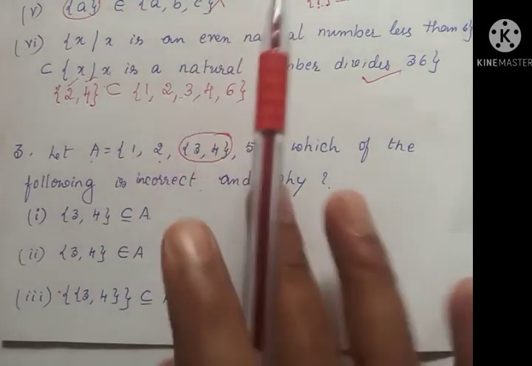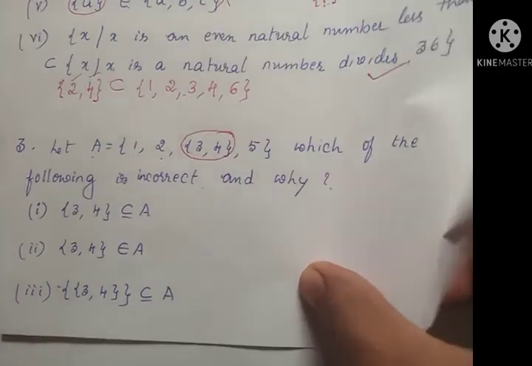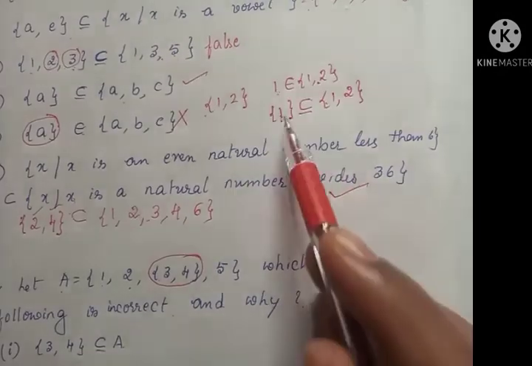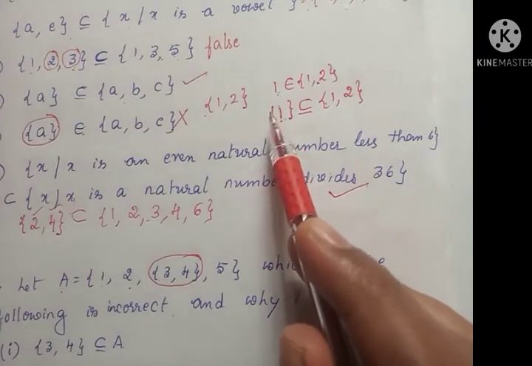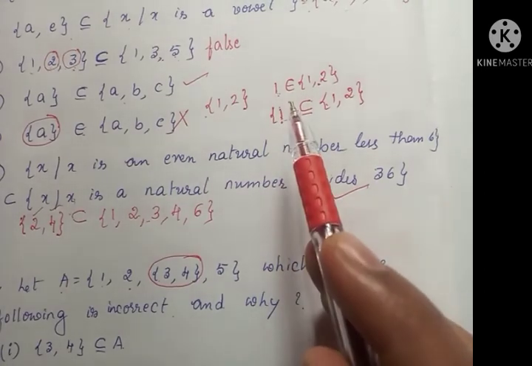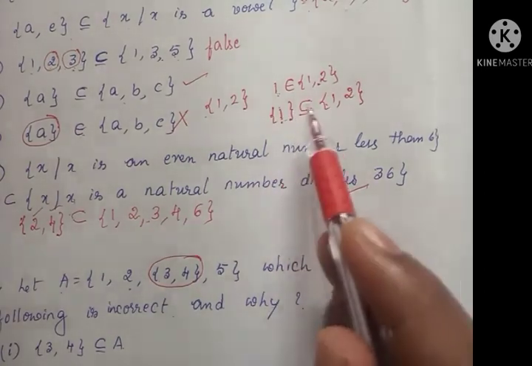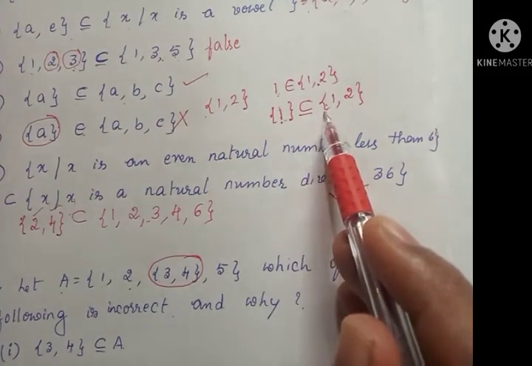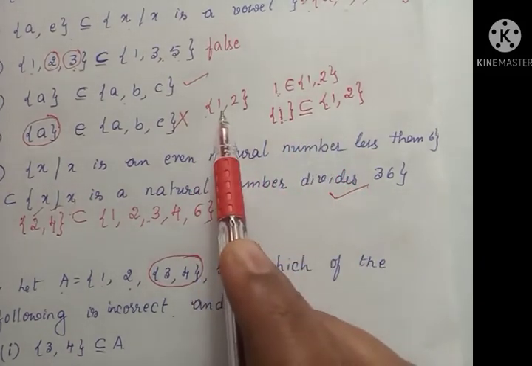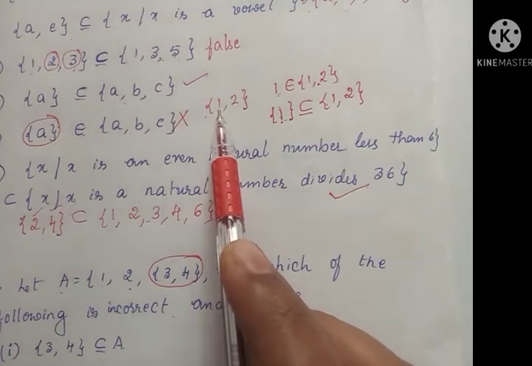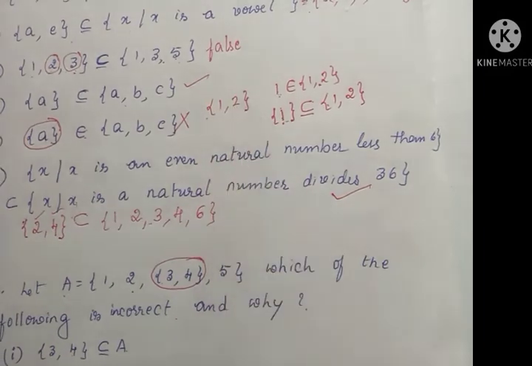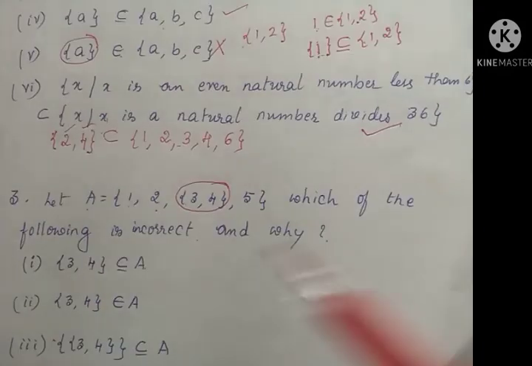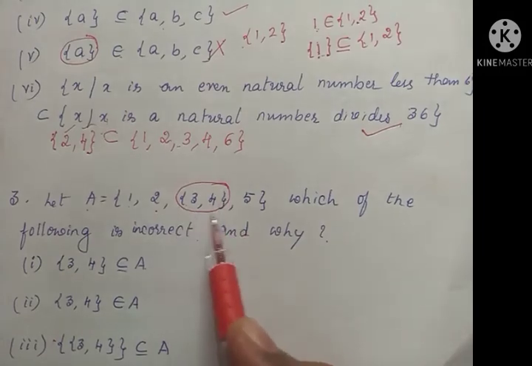In the previous example I told that if you write an element within the flower bracket, that denotes a set, so we say subset. But here, I have taken the set as the set having the elements 1, 2. Now in this example, this is an element itself.